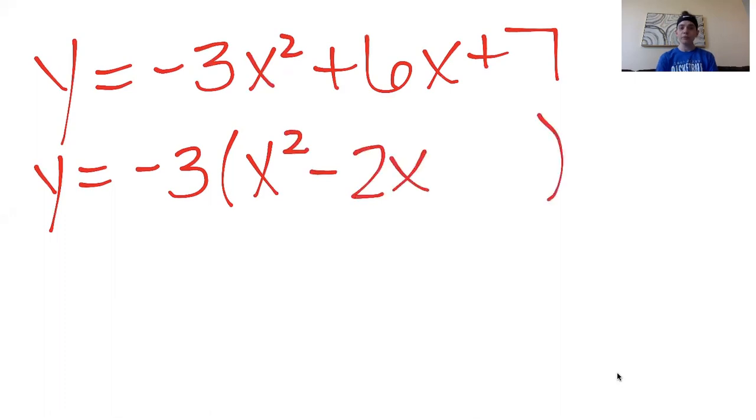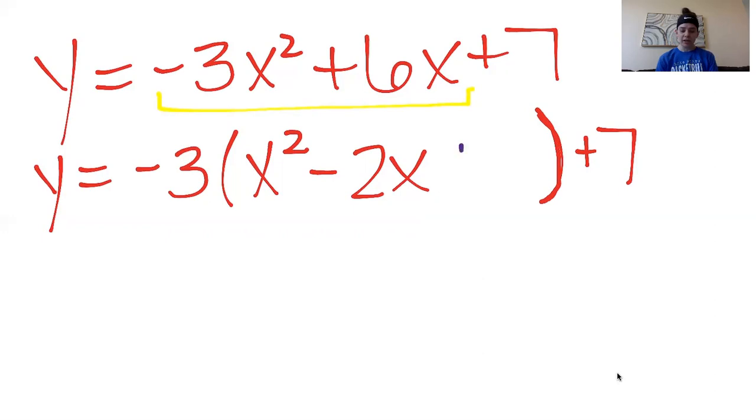I'm going to leave room for my mystery number. Notice how I've closed the parentheses, and I'm going to keep plus 7 outside the parentheses. I'm not going to factor it out. I only factored out of our x terms, and by closing the parentheses, that 7 is not affected.